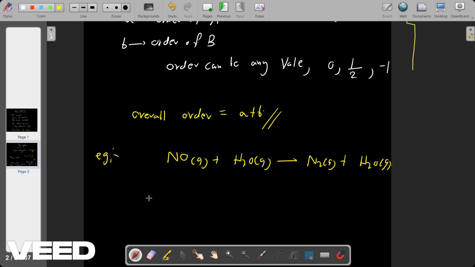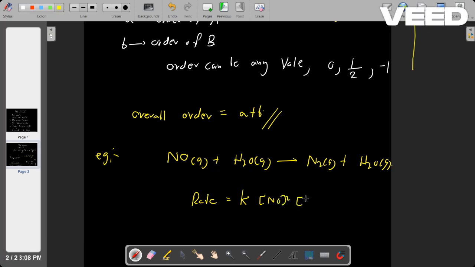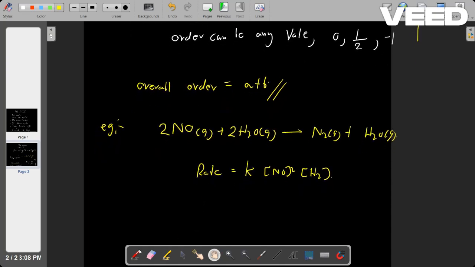Balance it, and the rate equation is also given. I will balance it for you. Tell me whether it is a one-step reaction or multi-step reaction.